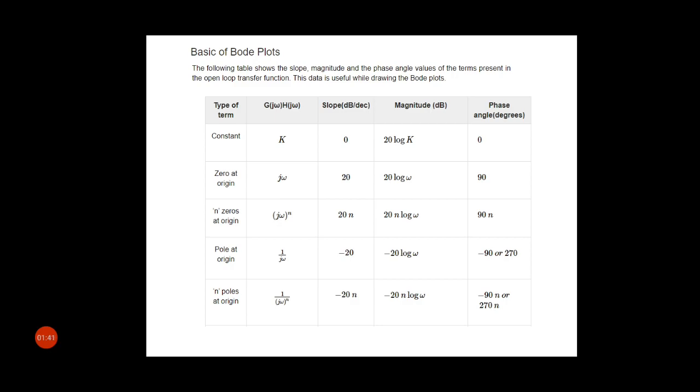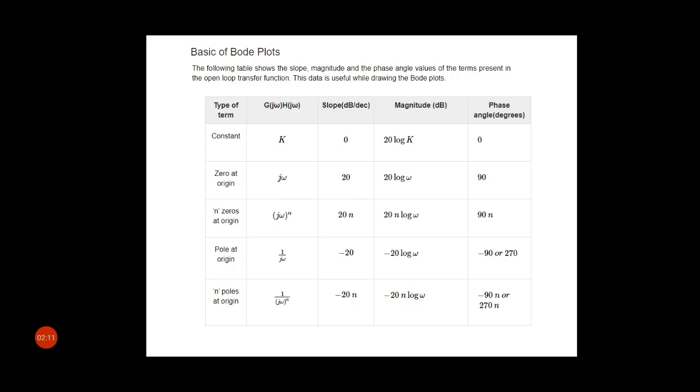Okay, if we have n zeros at origin, that means G(jω)H(jω) equals (jω)^n, then our slope is 20 into n dB per decade, the magnitude is 20 into n into log ω, and our phase angle is 90 into n.